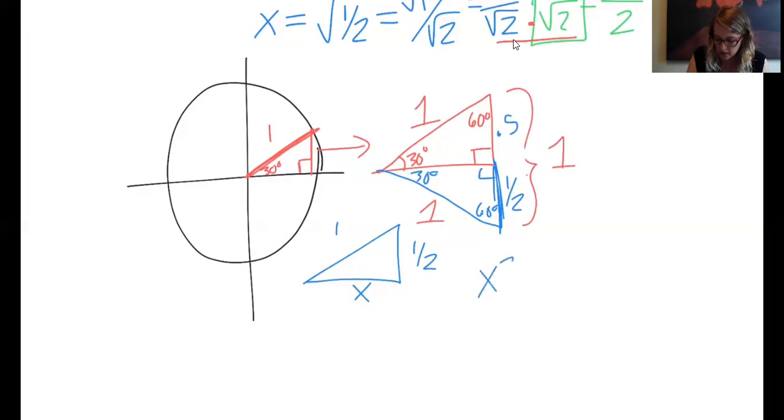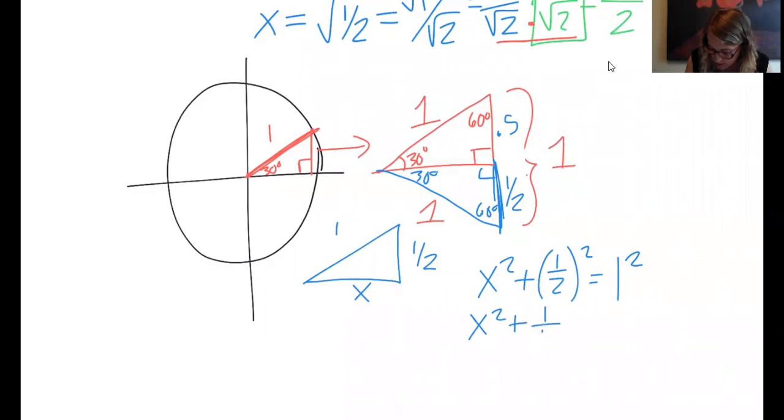So I'm going to go back to my good old Pythagorean theorem and figure it out. If I square 1/2, I actually square the top and the bottom, and so I get 1/4. And I am leaving things in fractions because I think it actually makes it easier for us to simplify.